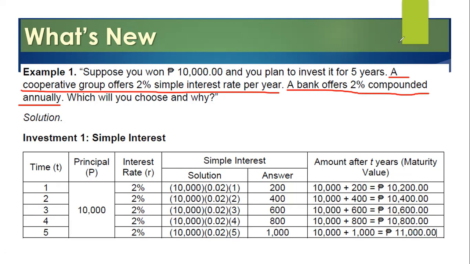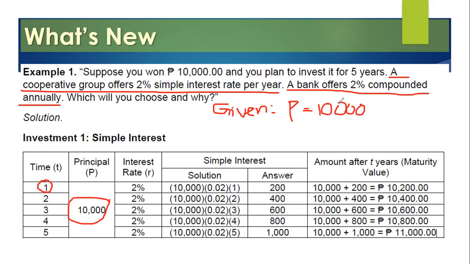First, dito muna tayo tumingin sa simple interest. Kukumpitin natin kung magkano yung pwede kong kitain kapag ang pinili ko ay yung unang option, which is the simple interest. Mahalaga rin muna dito is ma-identify natin yung mga given. What are given? P, yun yung principal natin, which is 10,000 pesos.